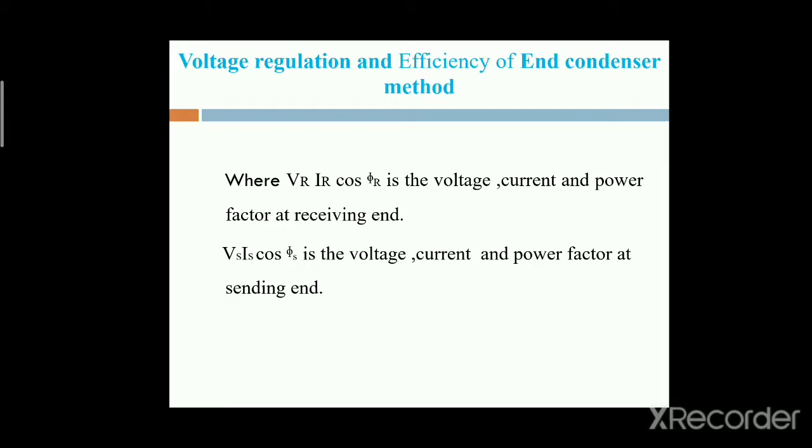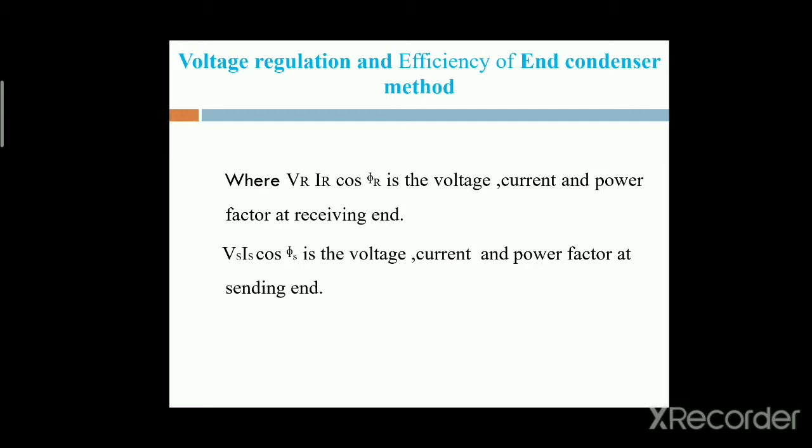Basically, depending upon the connection of the capacitance, the medium transmission line is divided into 3 types.